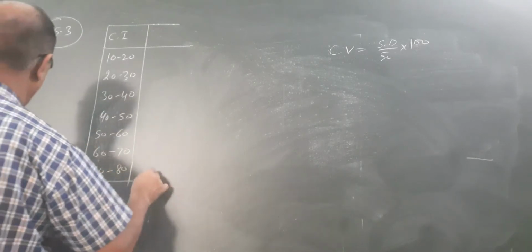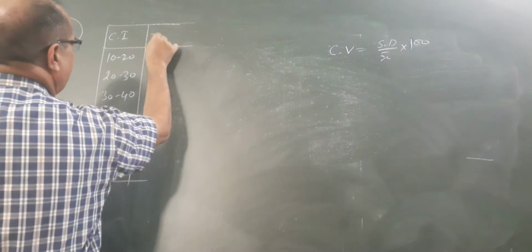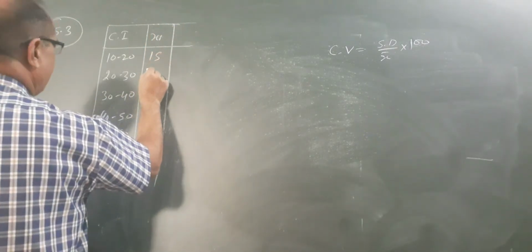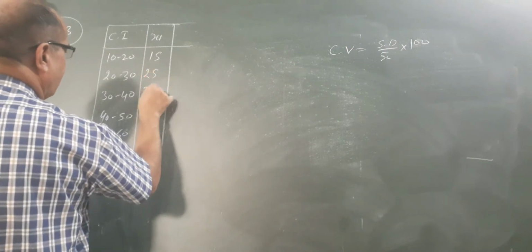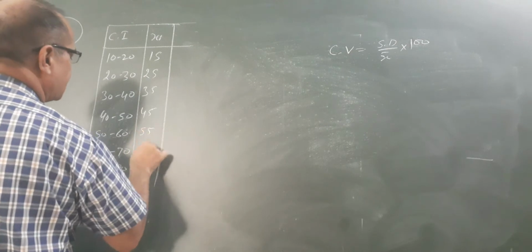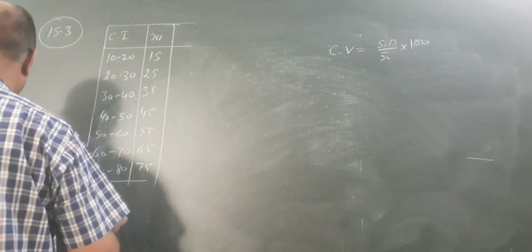Then write its xi: 15, 25, 35, 45, 55, 65 and 75 are the values of x.